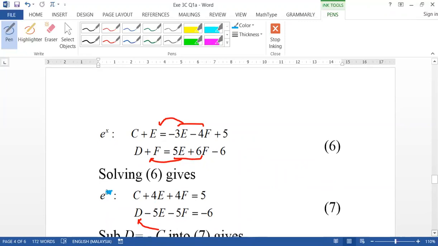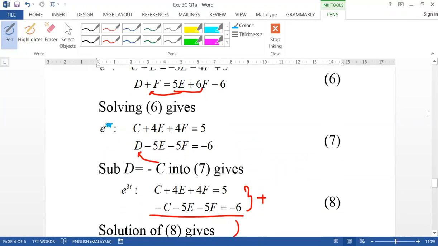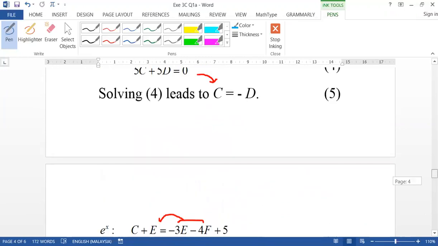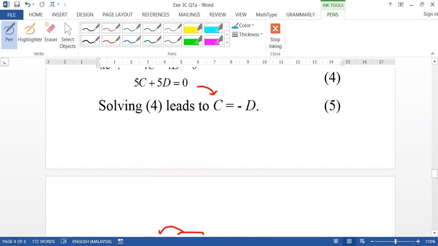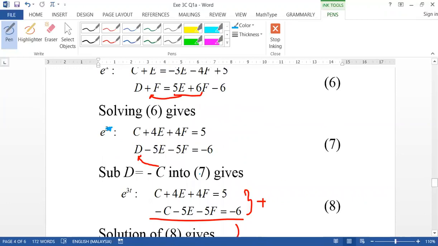Just now you already obtained c equal to negative d. So you substitute d equal to negative c into the second equation of 7 here, replacing d by negative c.